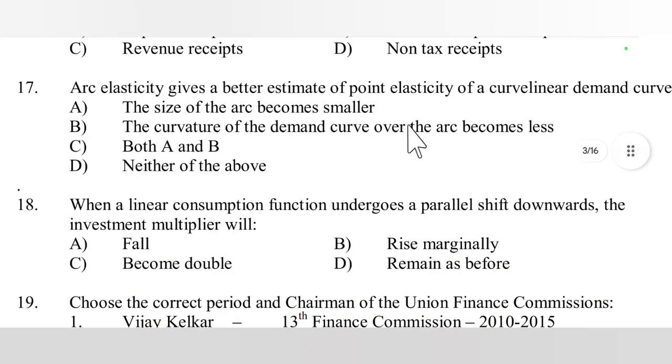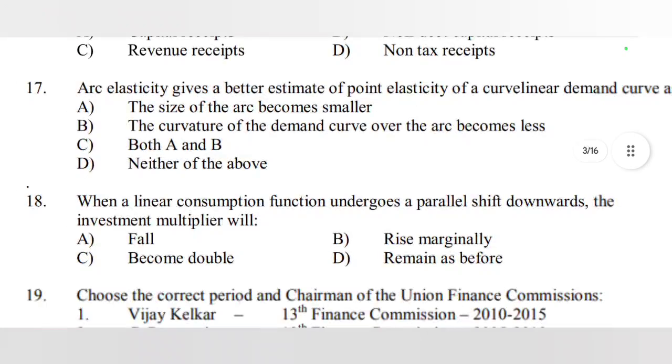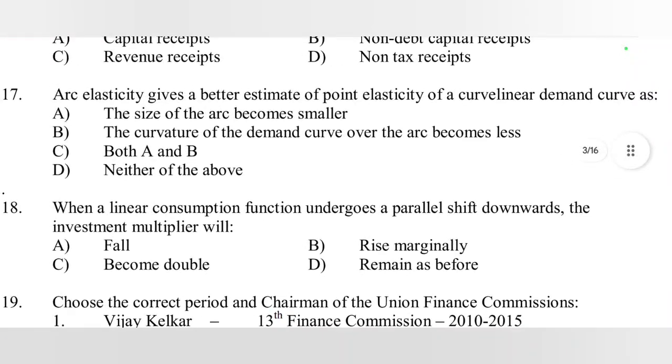Then question number 17, arc elasticity gives a better estimate of point elasticity of a curvilinear demand curve because as the size of the arc becomes smaller, the curvature of the demand curve over the arc becomes less, both, or none. So arc elasticity is better than point.